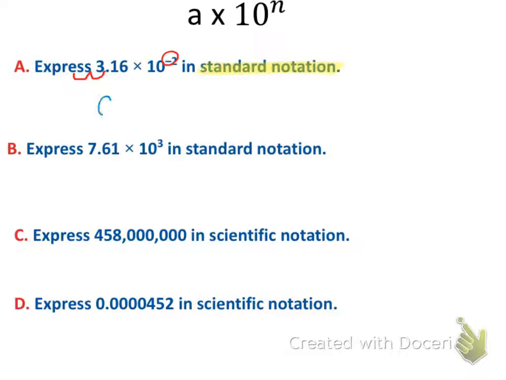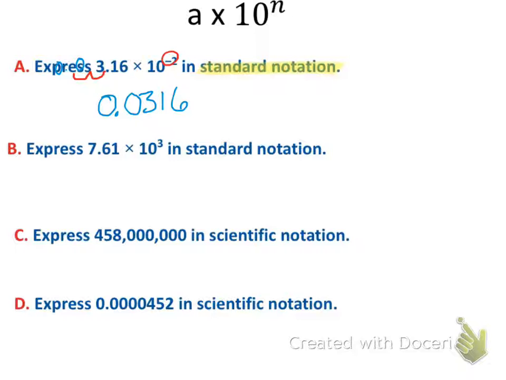So that is 0 point. That's where my decimal's going, right where that E is, right there. Okay, so I've got 0.0316. Okay, there's the decimal, right where that E is. Alright, so that's standard form.